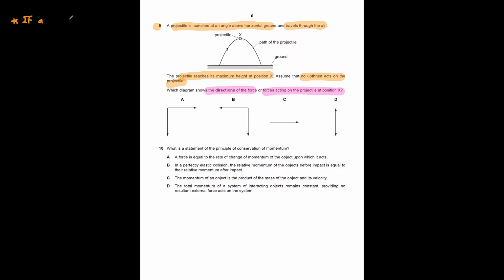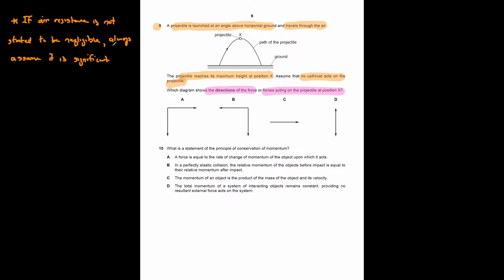If air resistance is not stated to be negligible in your question, always assume it is significant.